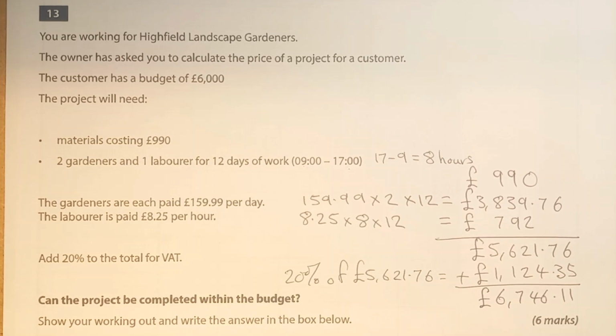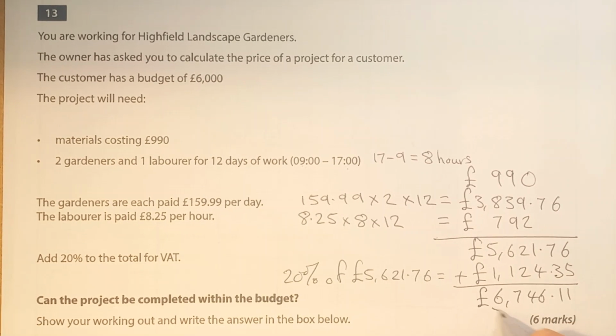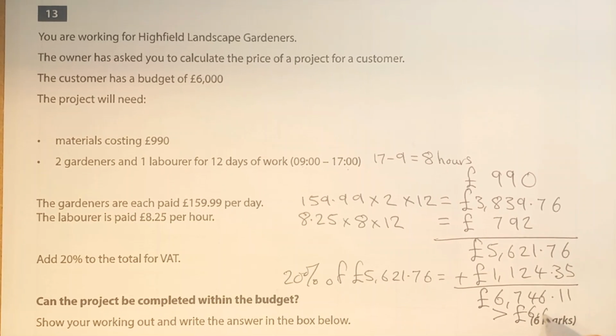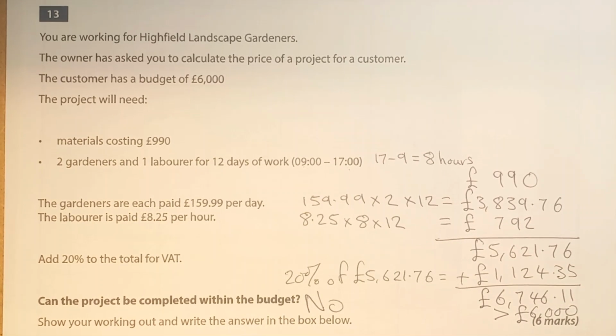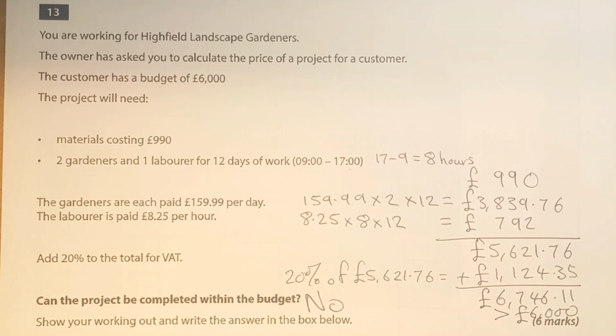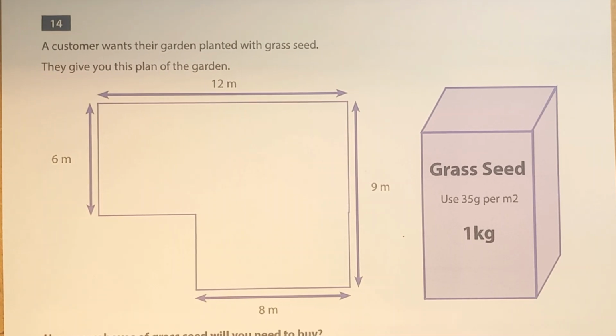Can the project be completed within the budget? Well, the budget was £6,000 and this is more than £6,000, so no, it can't be completed within budget.